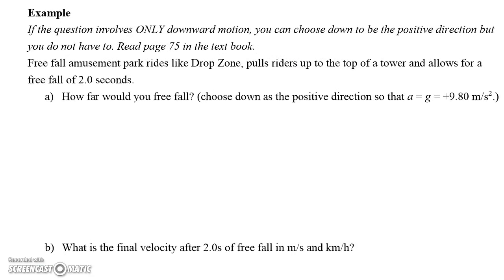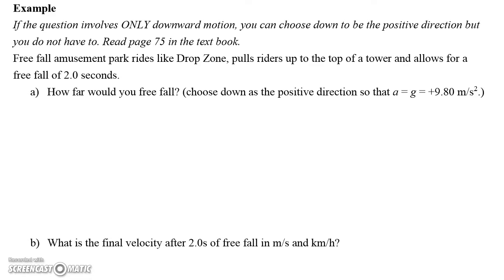Let's take a look at a problem that involves theme park rides. So rides like Drop Zone, where you get dragged up and let go from the top of the tower and you free fall and you're strapped in, all just work because of gravity. But because the motion we're looking at is only downwards, we're not looking at the up part, we're just looking at the down, we can choose down to be positive.